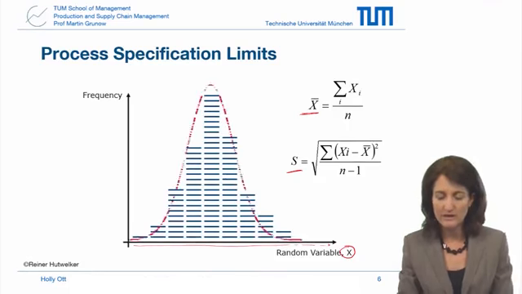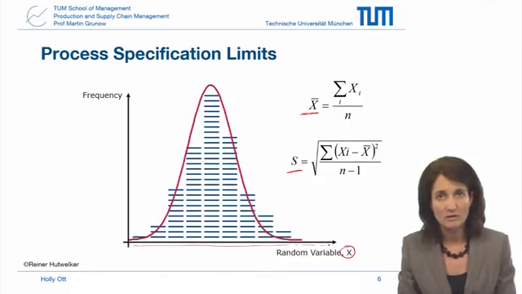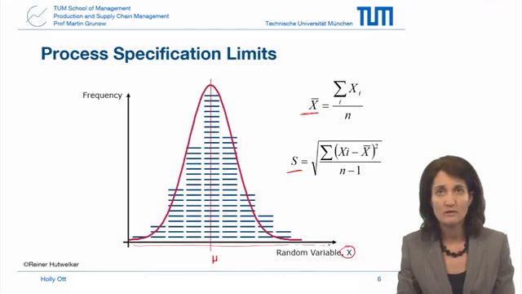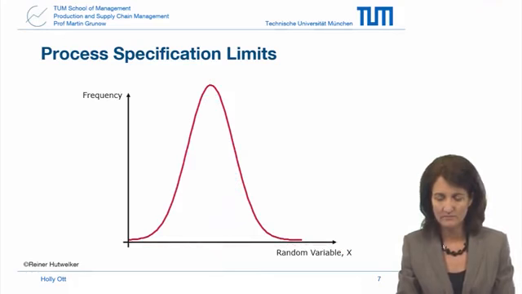And with these we can get our model of our population, which will be, of course, centered around the mean estimated by X bar and have a standard deviation estimated by the sample standard deviation.